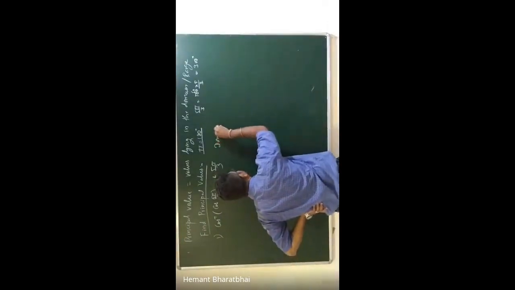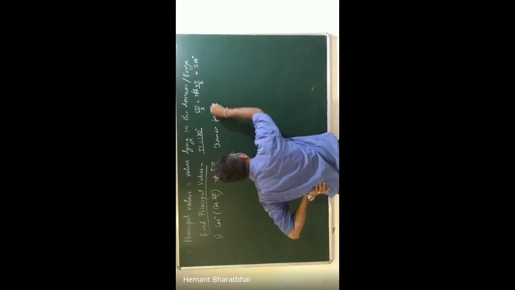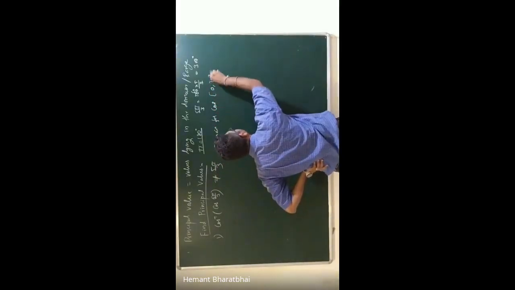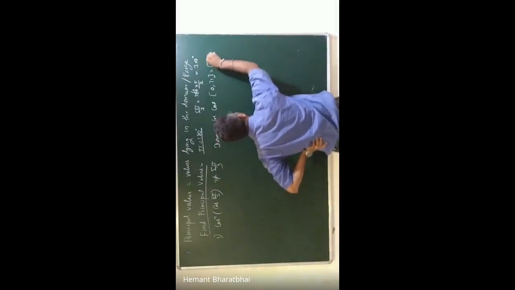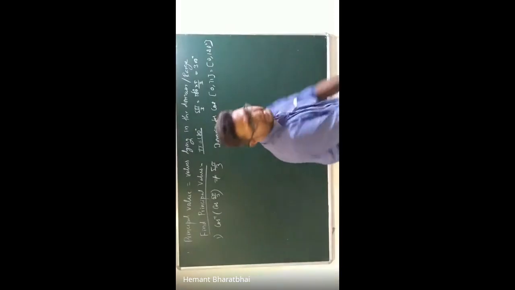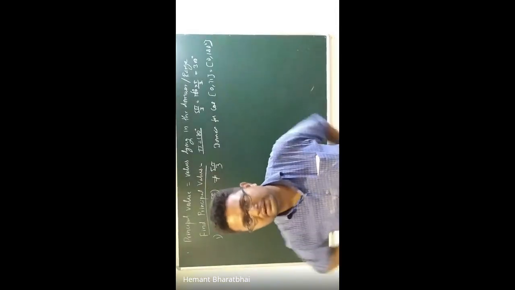And the domain for cos is 0 to pi. That is nothing but 0 to 180 degrees. So the angles which are lying between 0 to 180 degrees, only those values will be considered as the principal value.